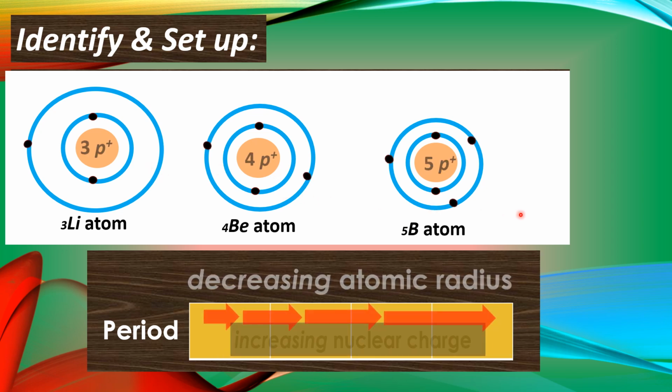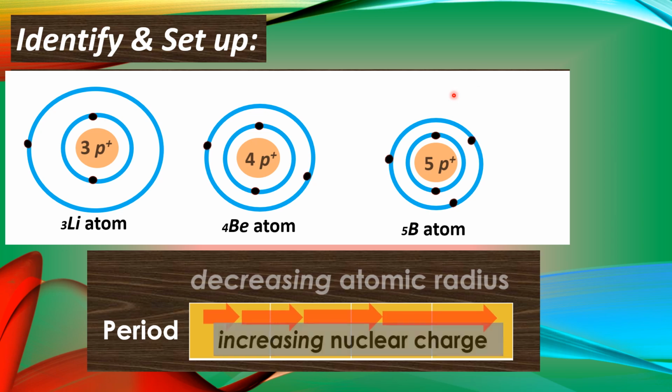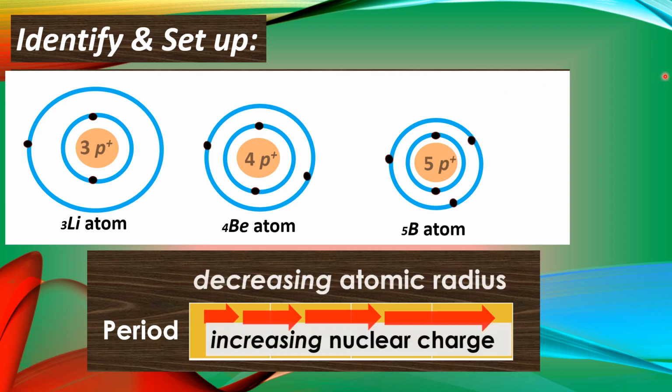Since the valence electrons in the period are all defined in the same main energy level, they are pulled closer to the nucleus as the nuclear charge increases, causing a decrease in size.